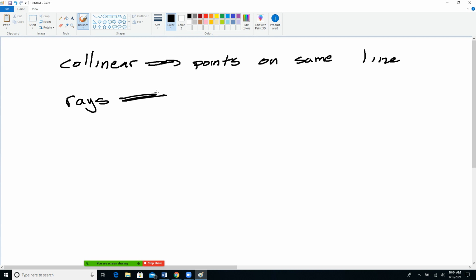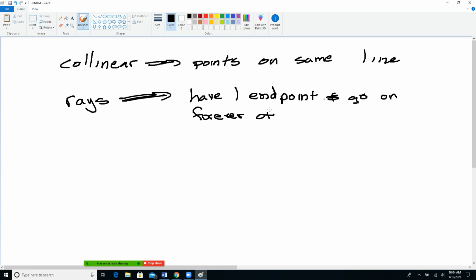Rays. Have one endpoint and go on forever in the other direction. That's a ray.